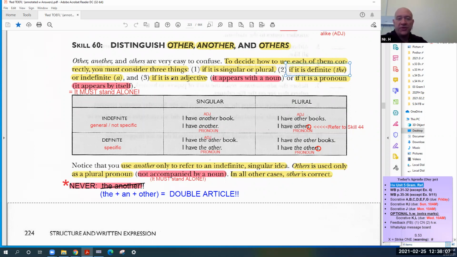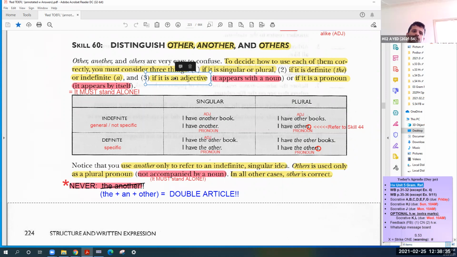Okay. What's the third point of those three? If it is an adjective, it appears with the noun. Right. What does that mean? Describe the noun. Yeah. Remember, adjectives must have a noun. Why do adjectives take a noun? To describe.